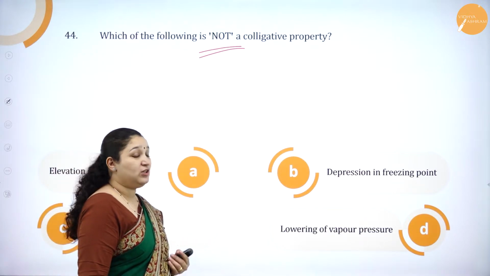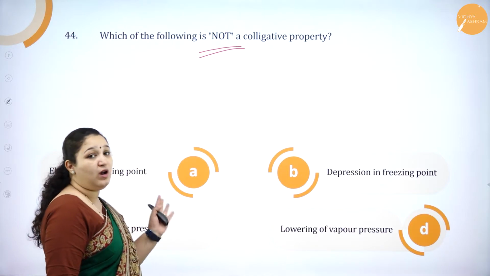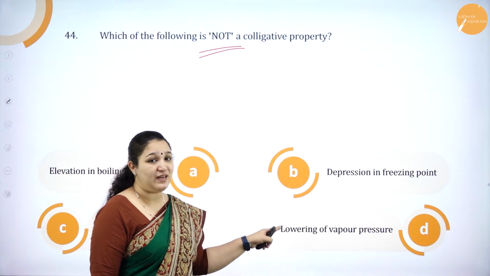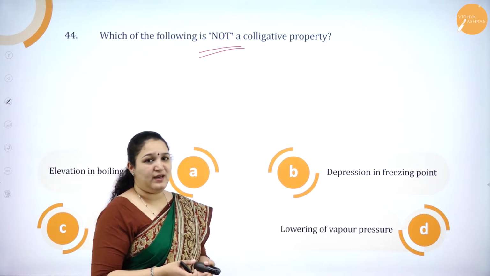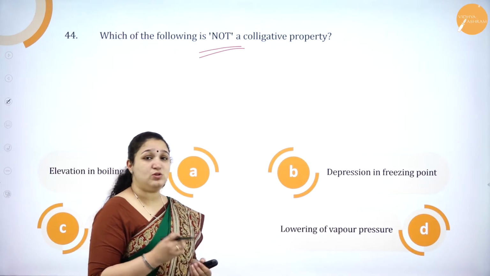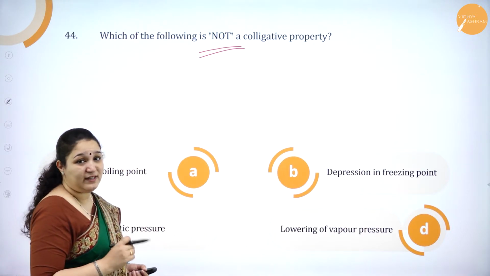Lowering of vapor pressure, again it's a colligative property. All four are colligative properties. Of course, here it should be very clear that it is relative lowering of vapor pressure, but lowering of vapor pressure is also a colligative property. Thus, here we do not have a correct answer to tick.